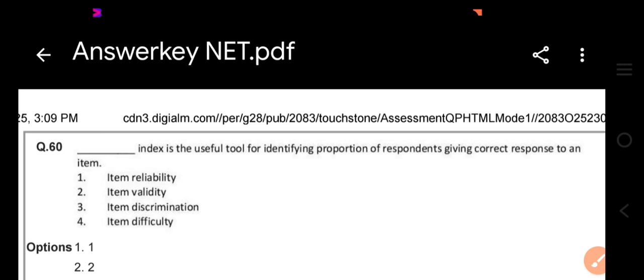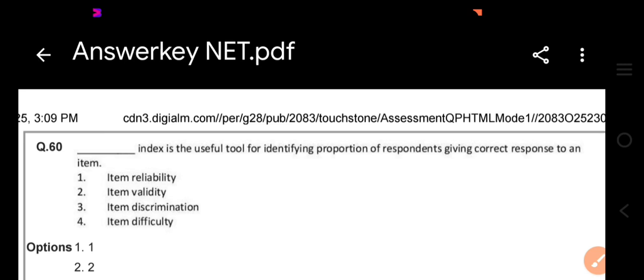Item reliability is about how reliable the items are. The second one, item validity, is about how valid the items are. Item discrimination is about how difficult, more difficult to less difficult.